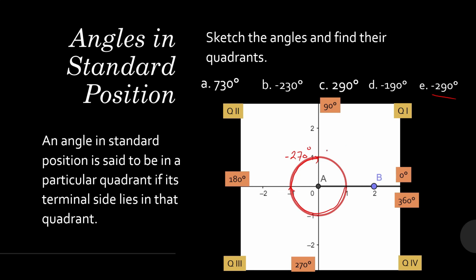So we shall add an extra negative 20 degrees to produce our negative 290 degree angle. So a negative 290 degree angle is in the first quadrant.